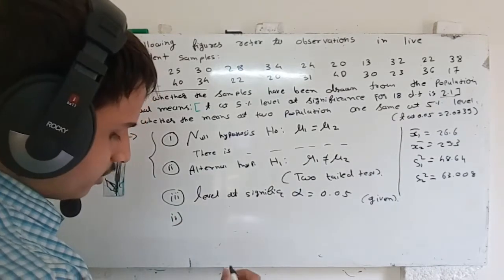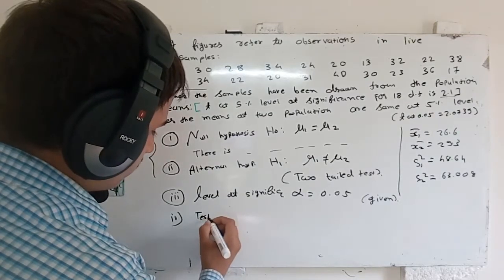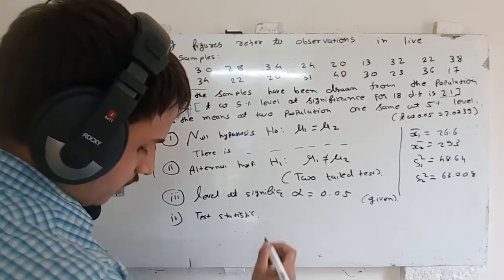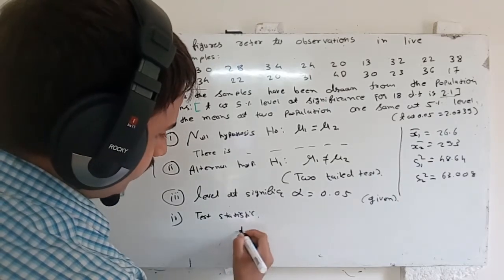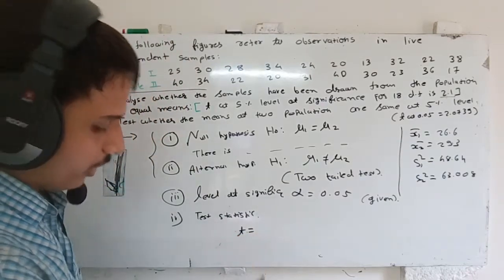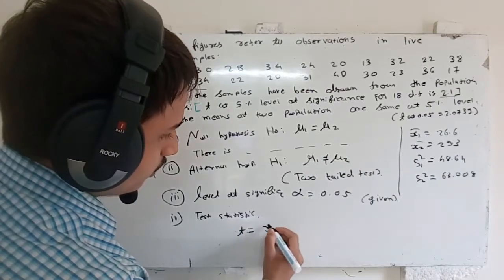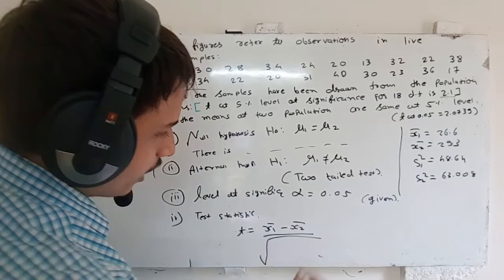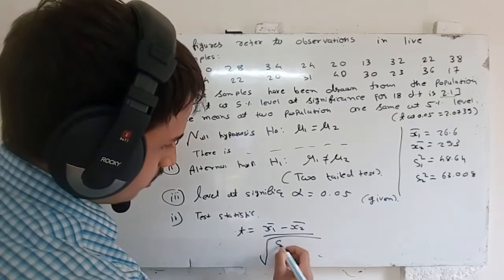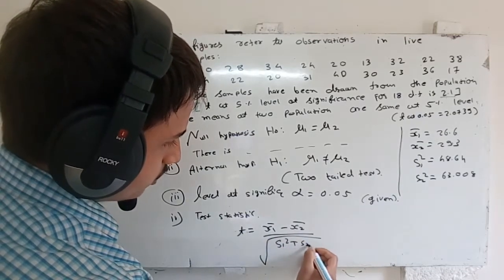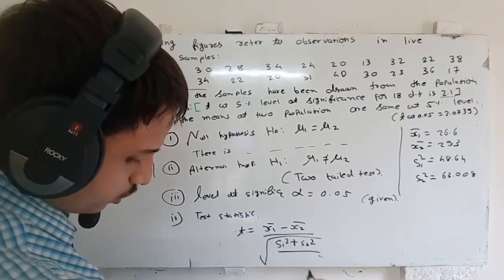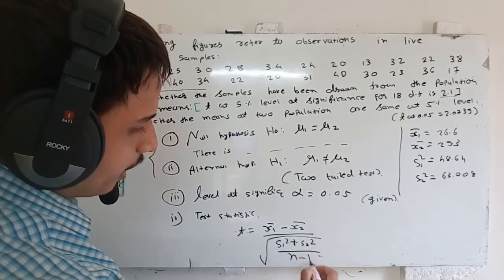That is the test statistic. In this test, we will remember the formula for the t value: the difference of the mean values of the two samples divided by the square root of the sum of the variances of the two samples, that is s1 square plus s2 square, divided by n minus 1.